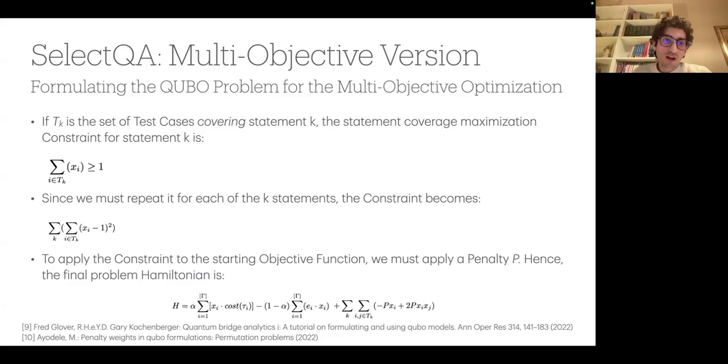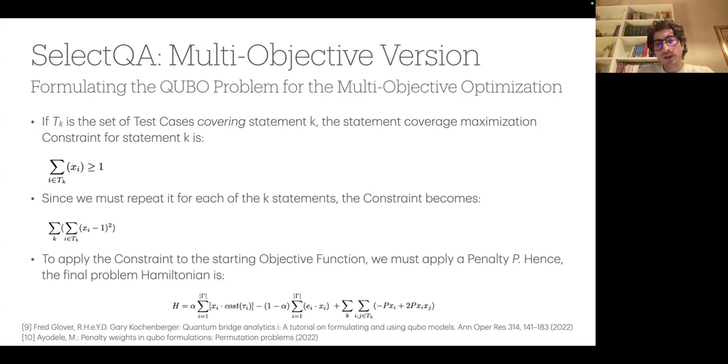In particular, in this case, the annealer will tend to select the test cases, because if it selects them, the difference will be 0, squared will be always 0. Otherwise, if it does not select, the difference would be -1, so each time squared would be 1, and 1, and so on. And then we brought the expression up into the objective function, applying also a penalty p that has to balance the values of the third objective with the rest of the objective function.